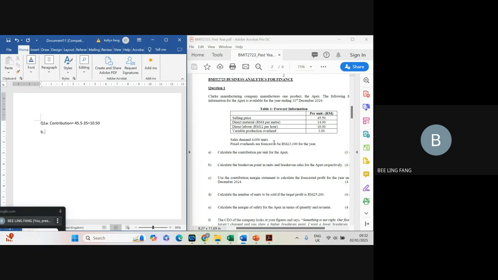Sales demand is 4,000 units. So what you have to find first is the break even point. How many units? So 23,100, divide by the contribution margin.